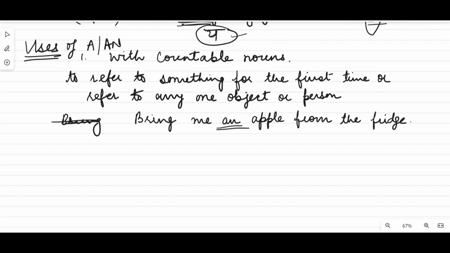So why have we used an apple here? Because we are referring to any apple. Any apple will do. We are not talking about any particular one. There must be some apples, out of them, any one you have to bring. That's why. I hope you have understood.